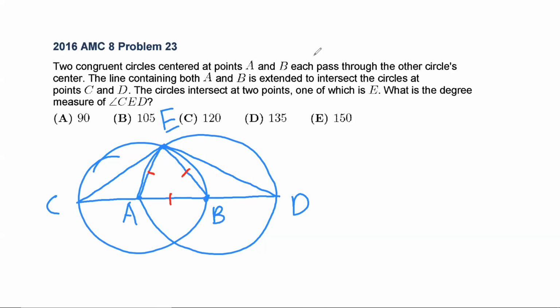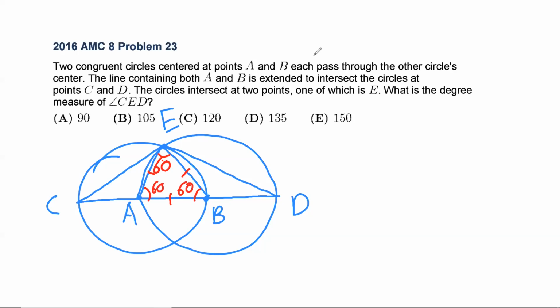So that means that triangle AEB is actually equilateral. So we know right off the bat, this is 60 degrees. This is 60 degrees. And this is 60 degrees.